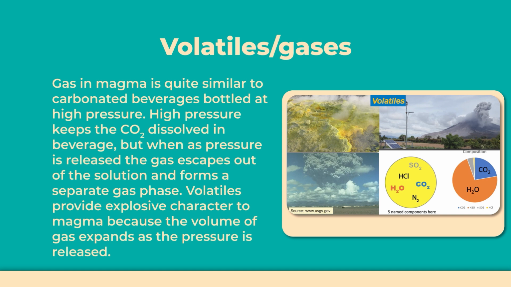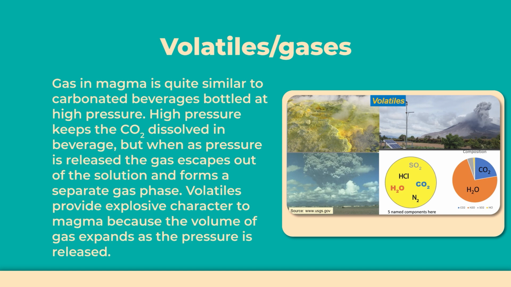In other words, the gas in the magma is similar to carbonated beverages bottled at higher pressure. As soon as the cork is opened, the pressure lowers and the carbon dioxide dissolved in the beverage is released. Okay? So I hope you understand this concept.